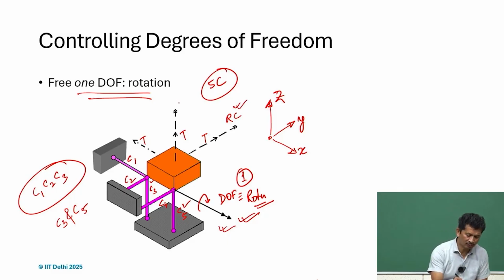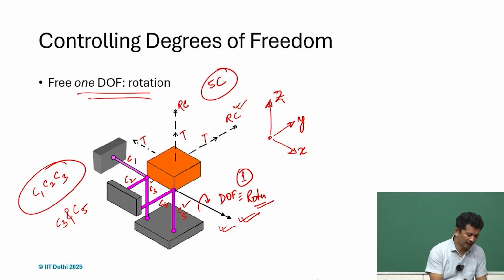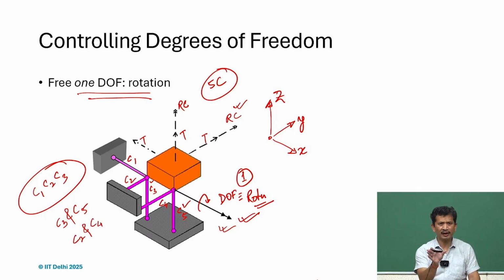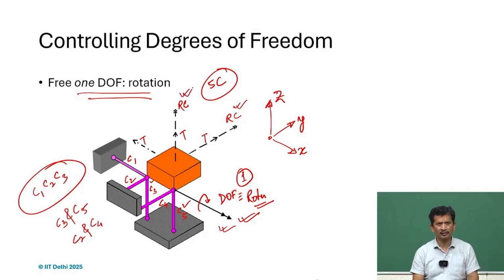Now, if we talk about the rotational constraint along the z axis, we have to check the plane perpendicular to it. If we consider C2 and C4 together, they make a plane perpendicular to the z axis, and therefore C2 and C4 with an offset will constrain the rotation along the z axis.